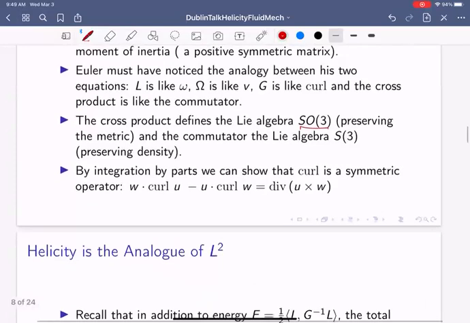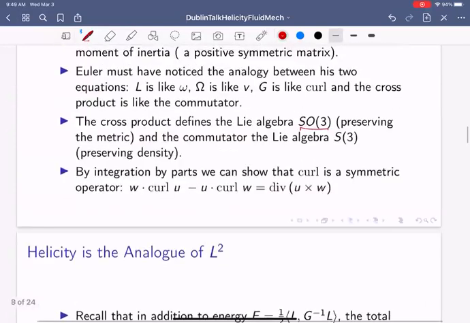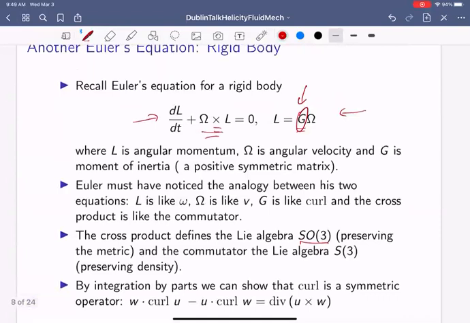Okay, so what is then the analog of the moment of inertia in the case of fluid mechanics? It is the operator of curl. Curl is actually a symmetric operator on the space of vector fields. And you can see that by integration by parts, the antisymmetric part is a total derivative.